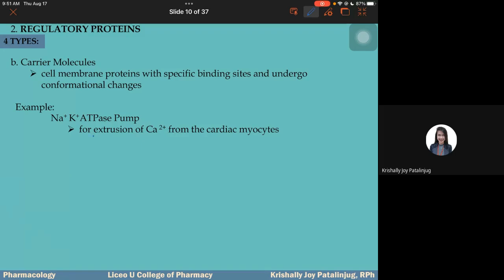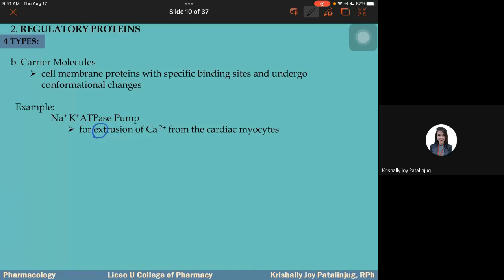When we say extrusion, it releases, so the movement of calcium ion is outside the cell, outside the cardiac myocyte. Let me give you an overview, an illustration of how this pump functions, although we'll get to know more about this when we discuss drugs for heart failure. I will still give emphasis on this here in the introduction part.